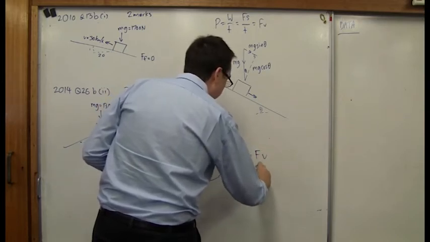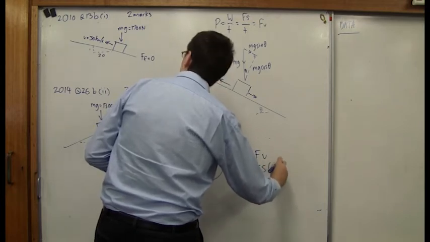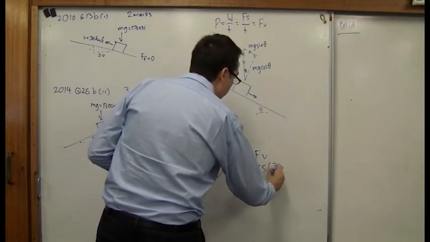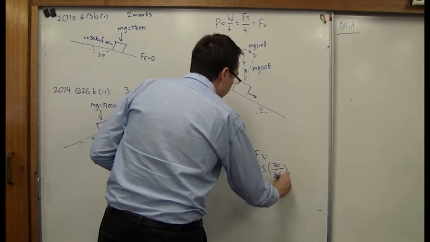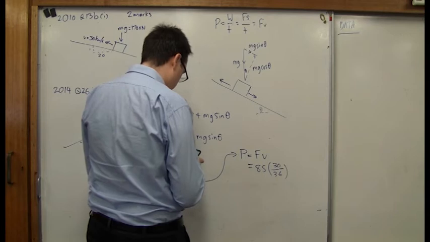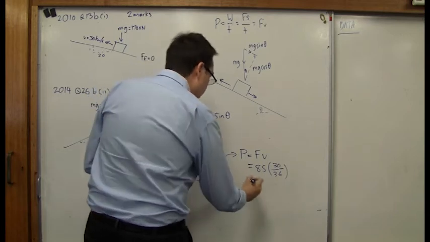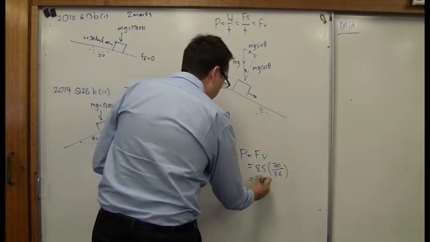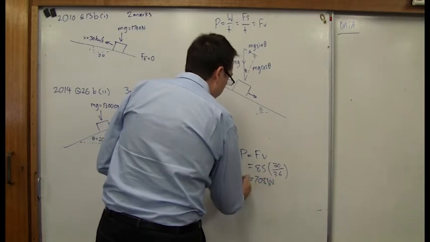Our force is 85 and our velocity is 30 kilometers per hour. So we have to divide by 3.6: 30 divided by 3.6 times 85 is going to give us a power of 708 watts.